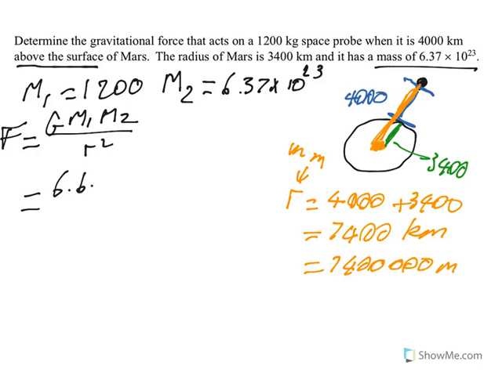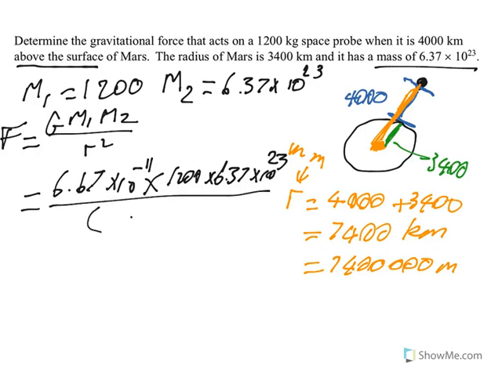So numbers are 6.67 by 10 to the minus 11 for the gravitational constant, 1,200 times 6.37 by 10 to the 23 over 7,400,000 squared, and you stick that on your calculator and you find that the force is 913 Newton.